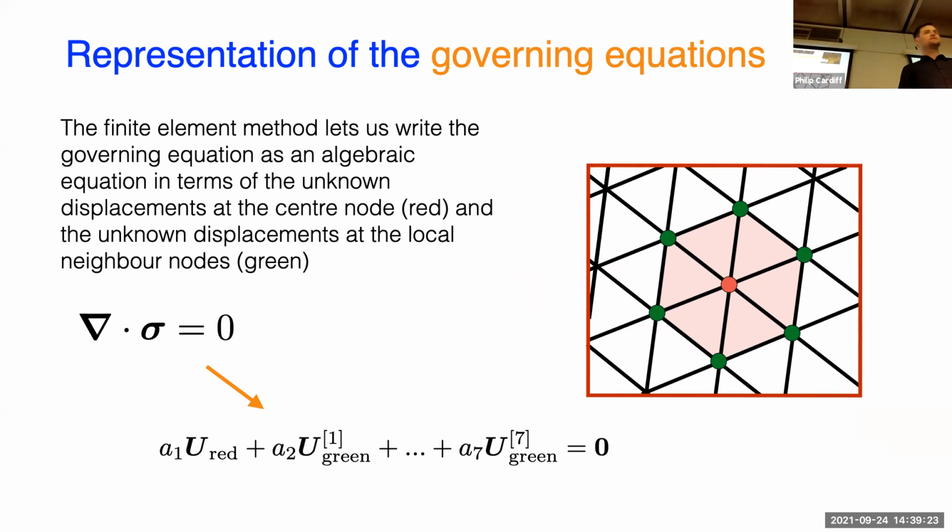Where they come from, that's the derivation of the finite element method, and that can be a whole lot of fun in the maths of getting into differential calculus. But in essence, these A's are typically vectors or tensors. So that might be a 3 by 3 multiplied by this, 3 by 3 multiplied by this. So this represents a vector equation. And if you have 7 nodes in this equation, you have 3 equations, and then you have 7 unknown vectors. So you have 21 unknowns in this case.